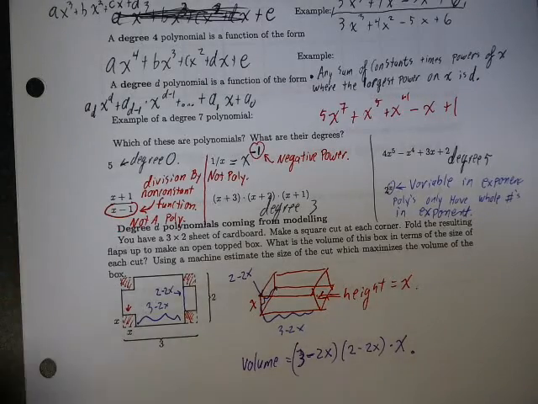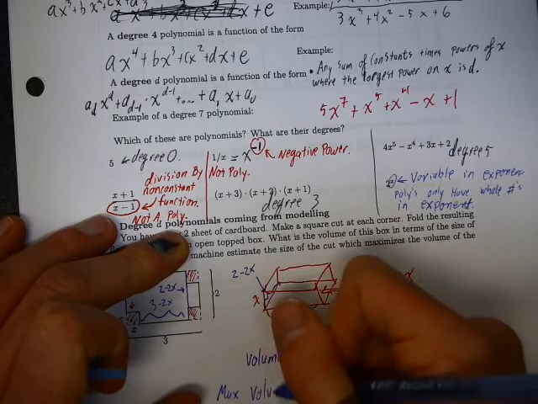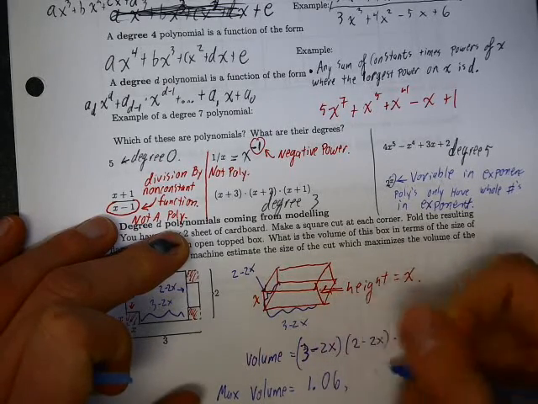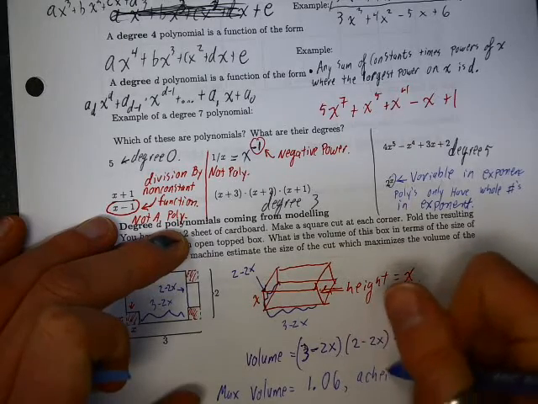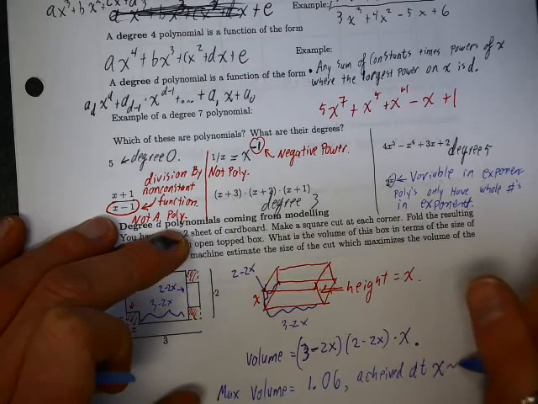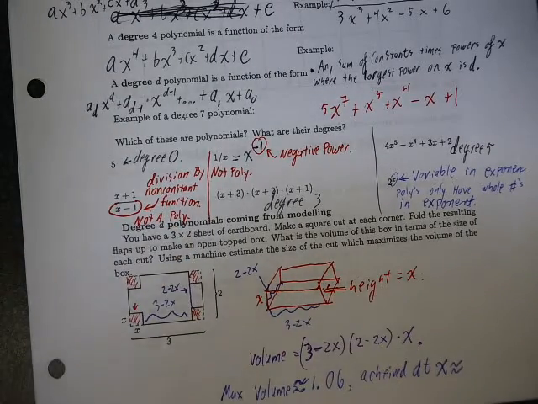So by looking at a graph, it looks like the max volume is 1.06, achieved at x. Let's make it clear that this is approximate. What x value does it look like achieves that maximum volume? 0.29?